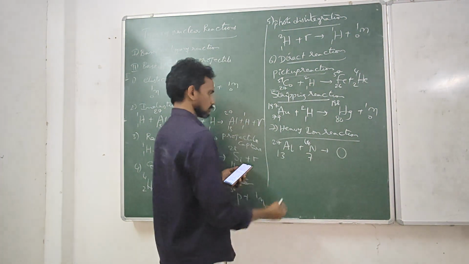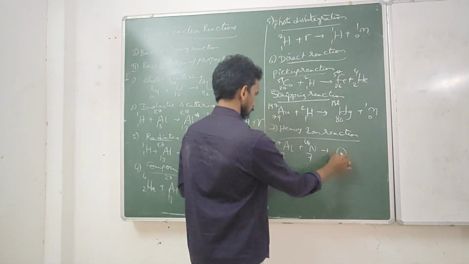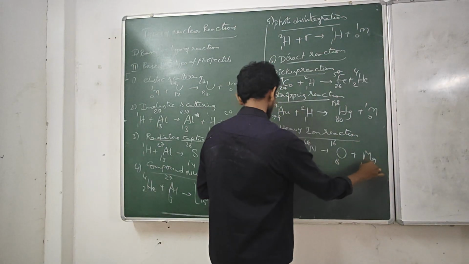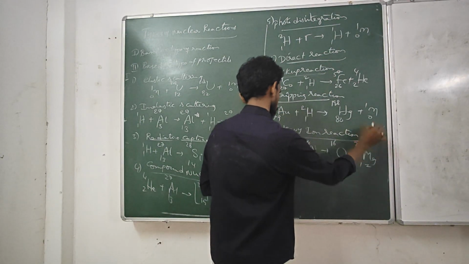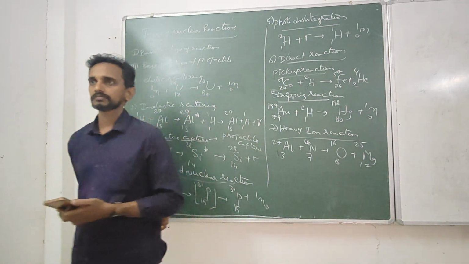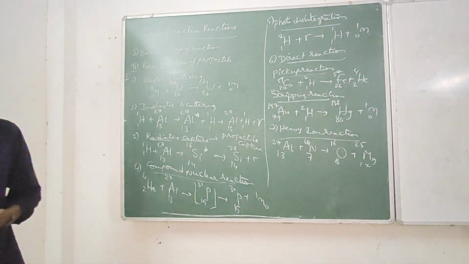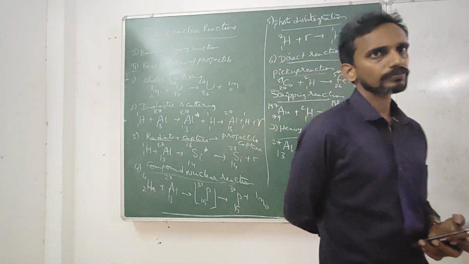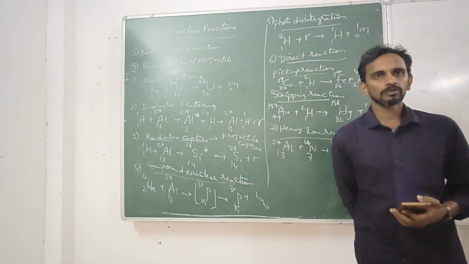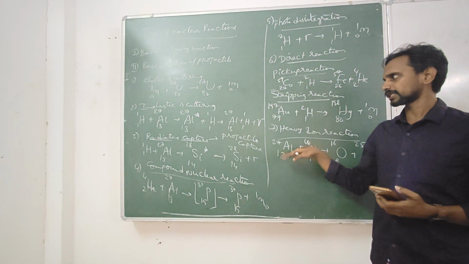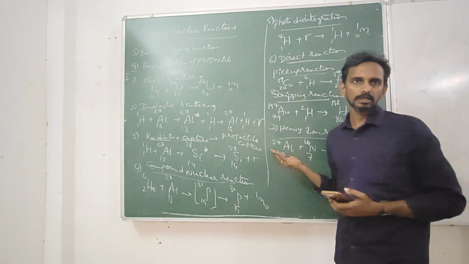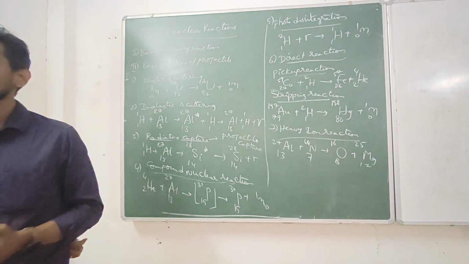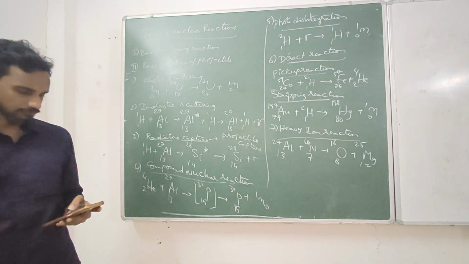So they got shifted. Nitrogen becomes oxygen. So O-16 8 plus Mg-25 12. So what did they do? Aluminum and nitrogen were taken, and you got oxygen and magnesium. So both projectile and target are comparable in size and the result is also comparable in size. So both are heavy.